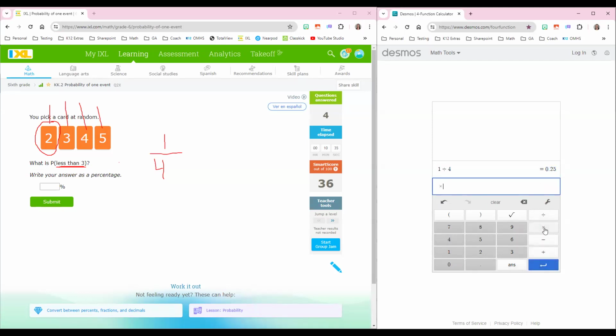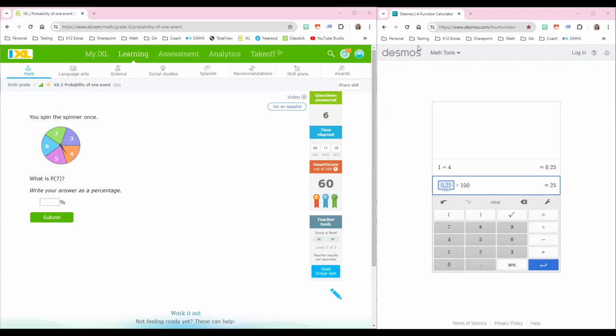And so if we multiply that by 100 to turn it into a percent, we get 25%. So there's a 25% chance that you would pick a card less than 3. All right, we'll do 2 more examples together here. So you spin the spinner once. What is P7?